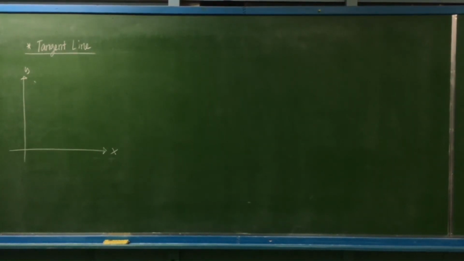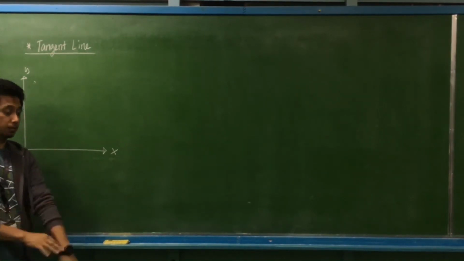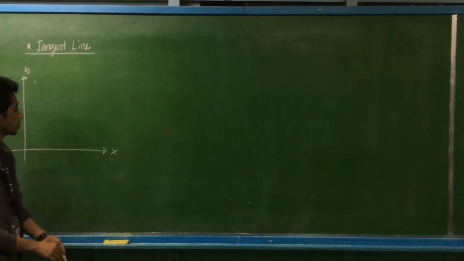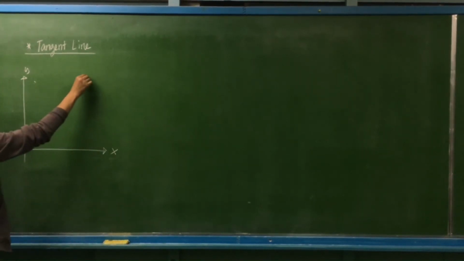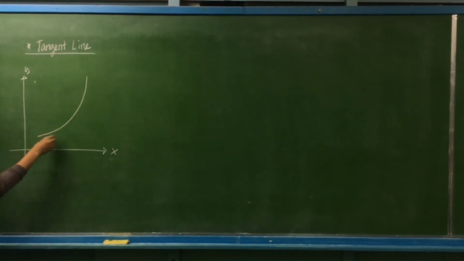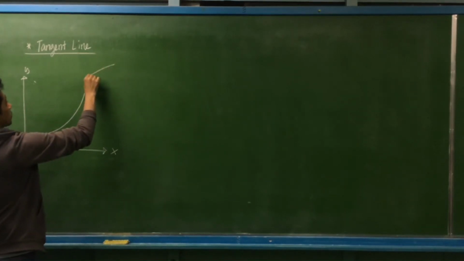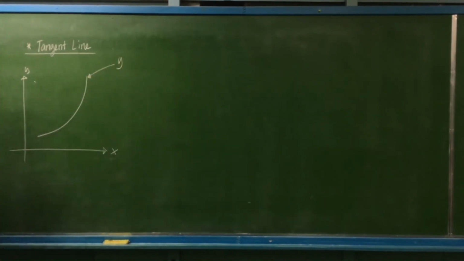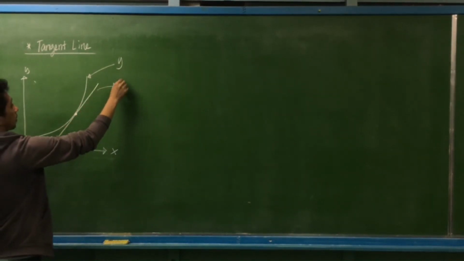And so we proceed to the determination of a tangent line of a given curve or function. For example, we have a curve, and if a line will intersect this curve at exactly one point, that is the tangent line.